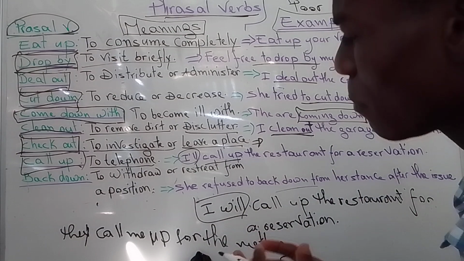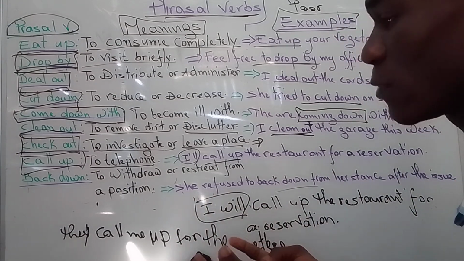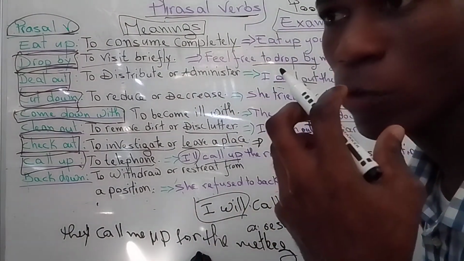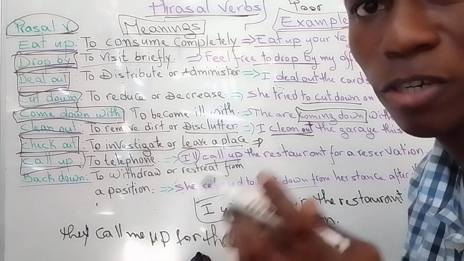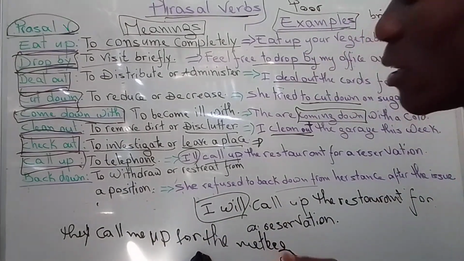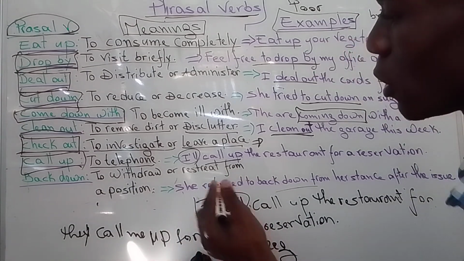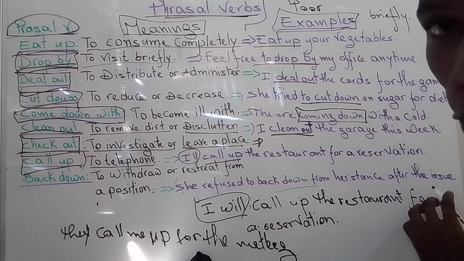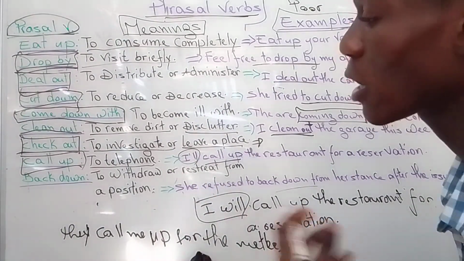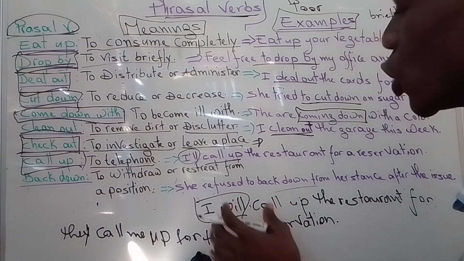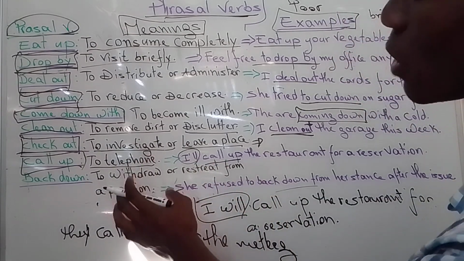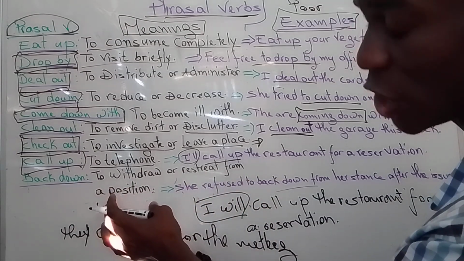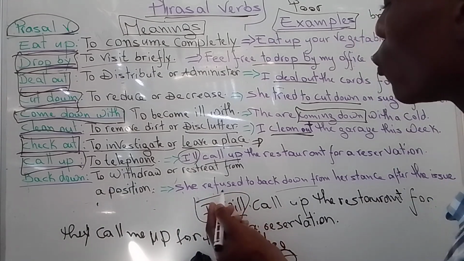For example, my little sister made a mistake at the company she is working with, and they are trying to remove her from the company for the mistake she made. The boss is trying to withdraw my sister from her position, but my sister refused to back down.